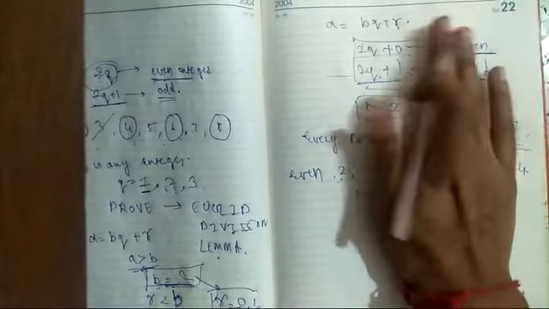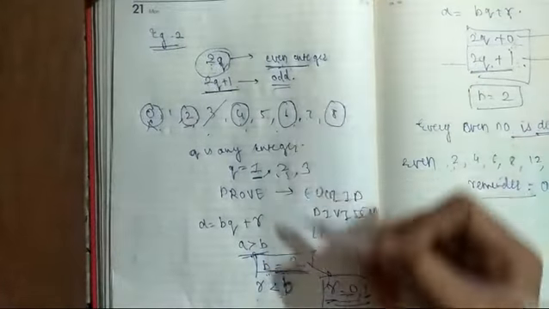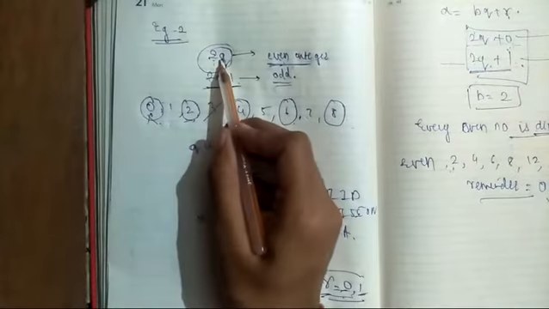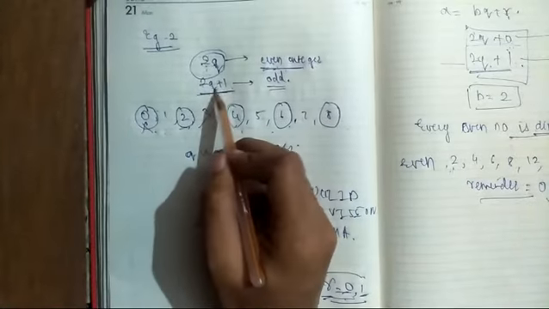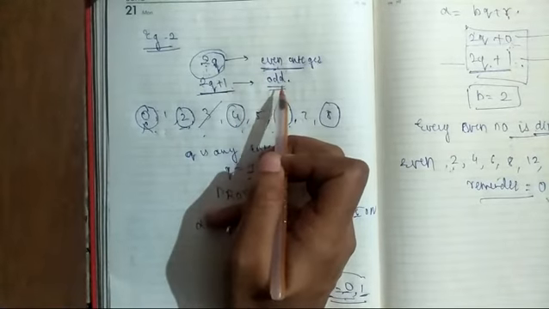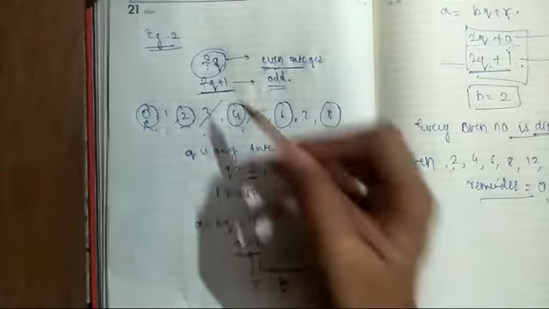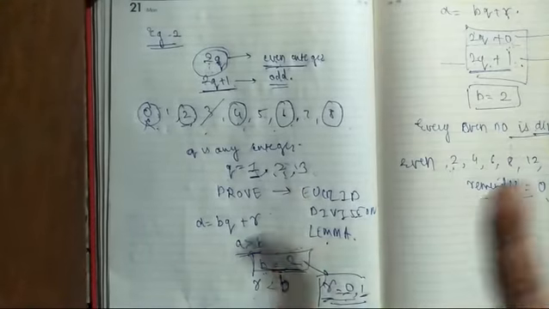Let me revise once again. On this page I have told you that we already know that 2q shows an even integer and 2q plus 1 shows an odd integer. We have tried putting values of q and getting even and odd numbers, but how to prove it?